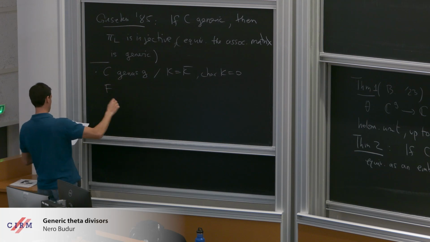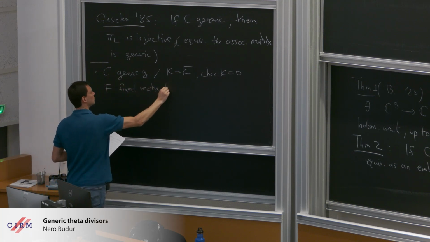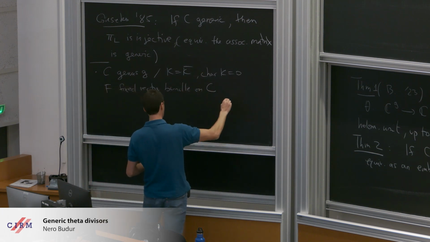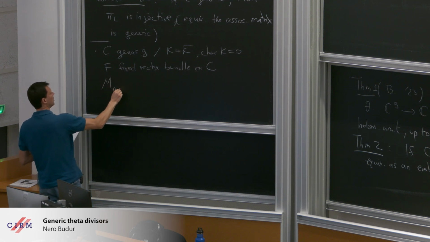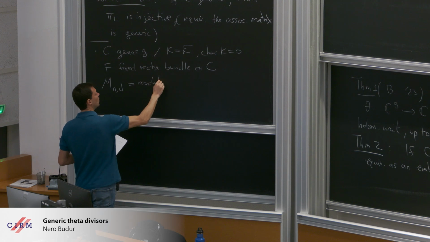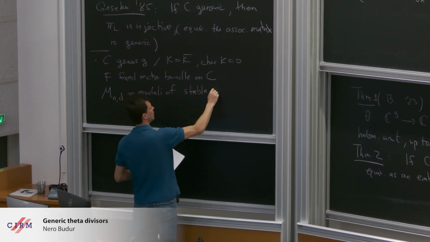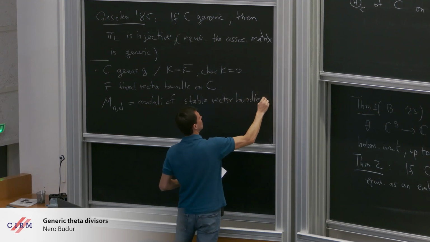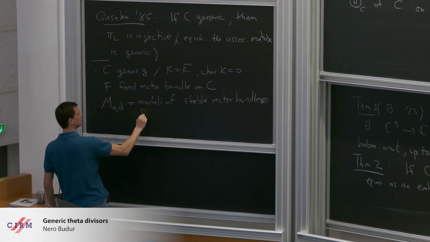F is a fixed vector bundle on C. M_{n,d} is the moduli space of stable vector bundles on C of rank n and degree d.